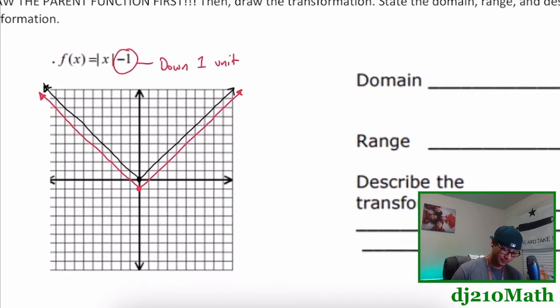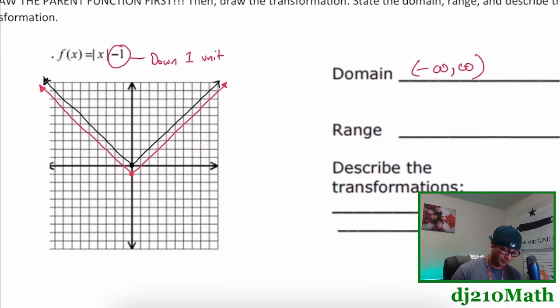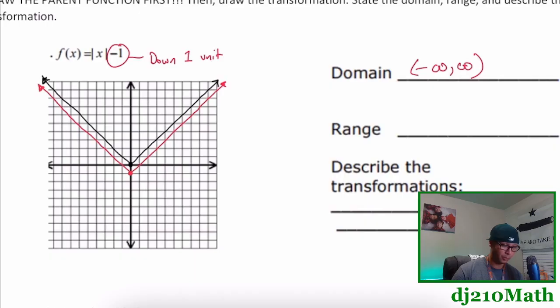So the domain is always all real numbers, or negative infinity to infinity. The range is from the y coordinate of the new vertex. So the y coordinate is negative 1, bracket, because it's a closed circle, and it goes up towards infinity.